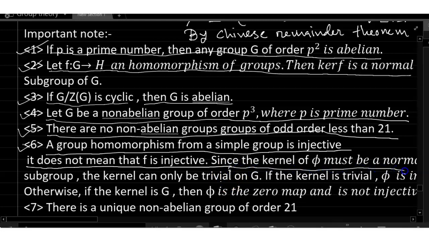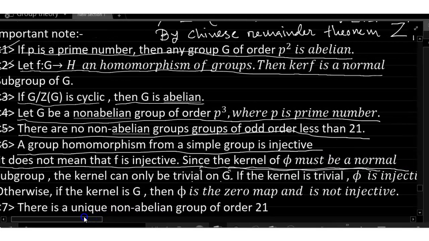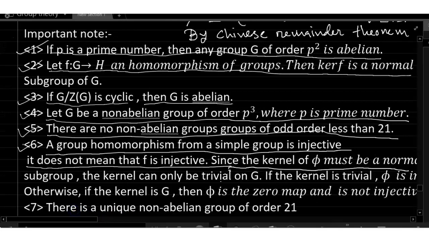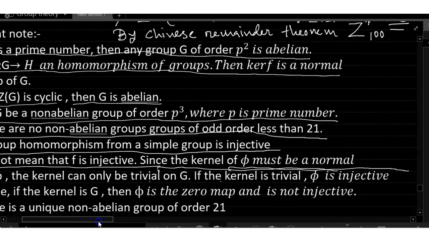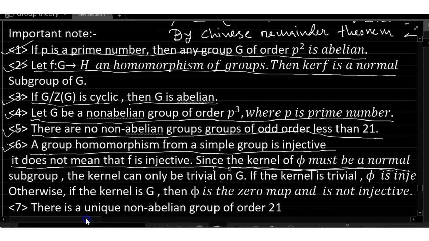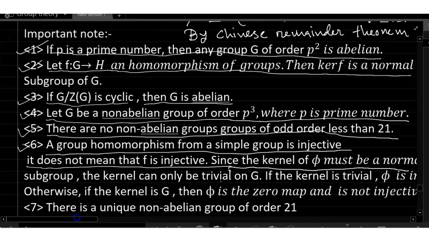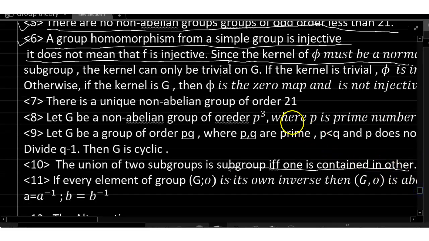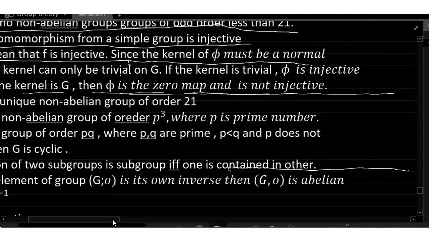The kernel must be a normal subgroup, so the kernel can only be trivial or G. If the kernel is trivial, phi is injective. Otherwise, if the kernel is G, then phi is the zero map and is not injective.